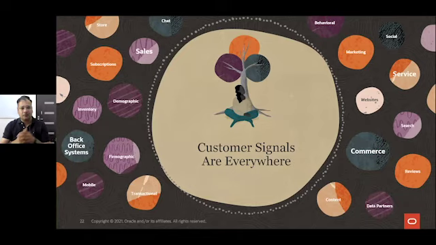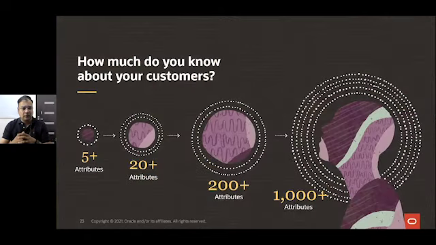So it's all about how much we know about our customers. Some enterprises only work with 5 or so attributes, so the CX game is very different when you have very few attributes about your customer. Somebody fills up a lead form, and if that's the only thing you have, you can only do so much.